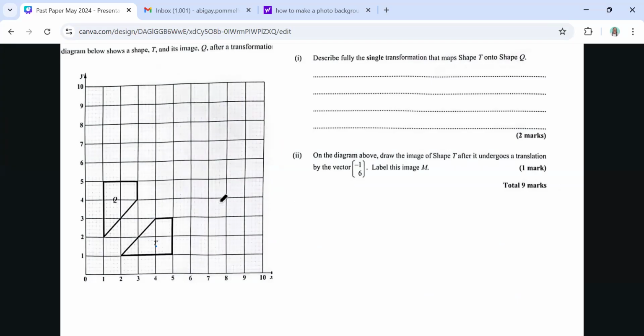All right, so looking at it now, we have to go down the line of transformation. So it did not enlarge because it did not get smaller or bigger. So that is out. Did it reflect?